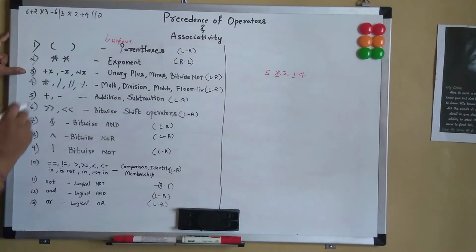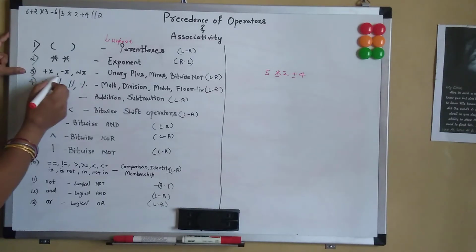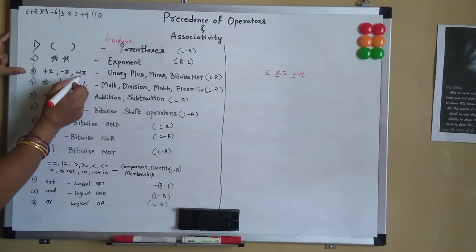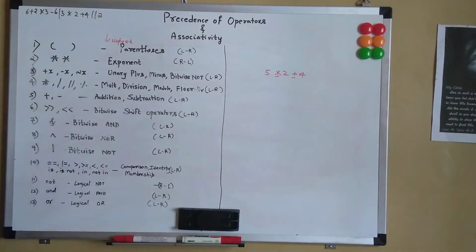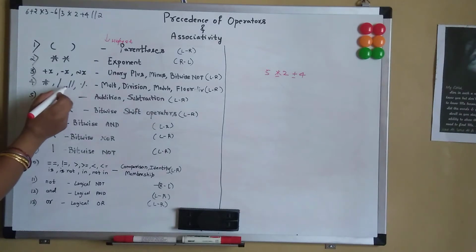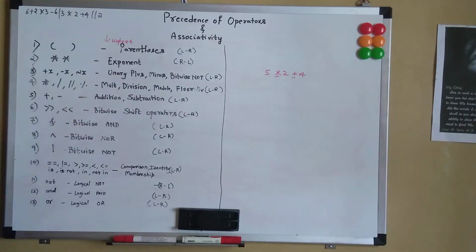At the third level, we have the unary plus, the unary minus, and the complement, bitwise NOT. At the fourth level is the multiplication, division, floor division, and modulus. At the fifth level is the addition and subtraction. At the sixth level are the bitwise shift operators.